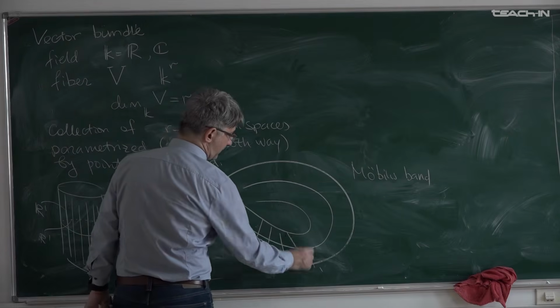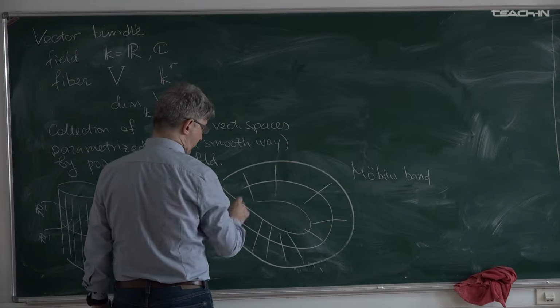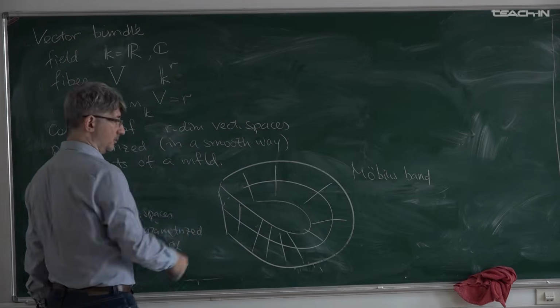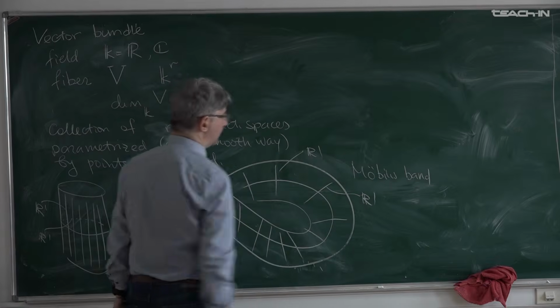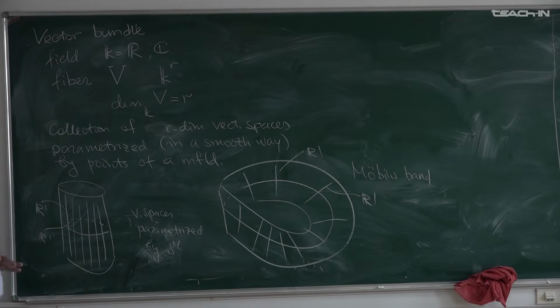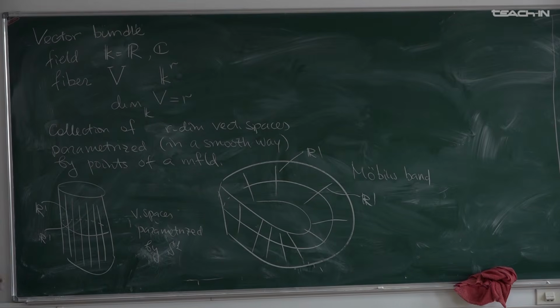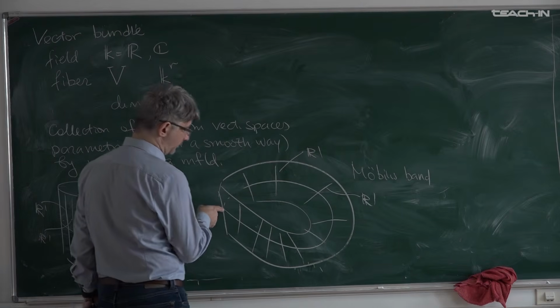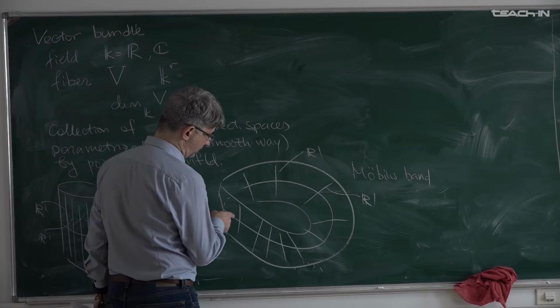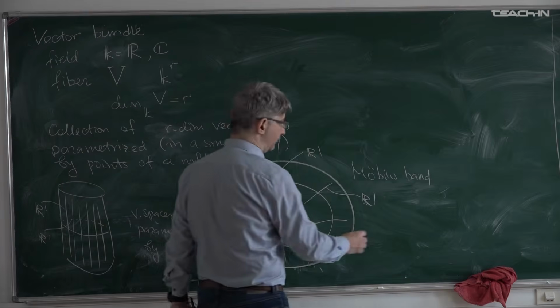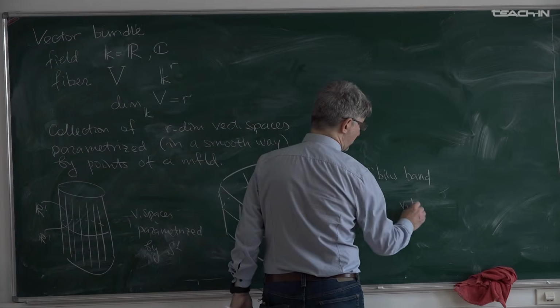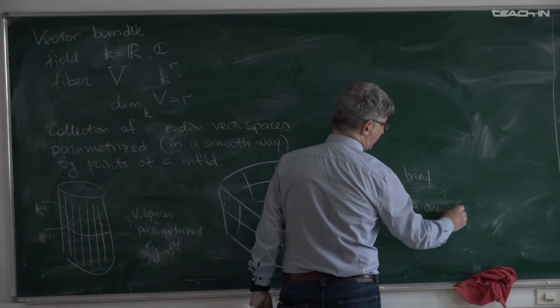In this way. Each line which I draw here is R1. Situation is the same. It is a collection of one-dimensional vector spaces parameterized by points of what? Points of circle. Because you go along this middle line, you go around, return to the initial point. This is also a vector bundle over S1.